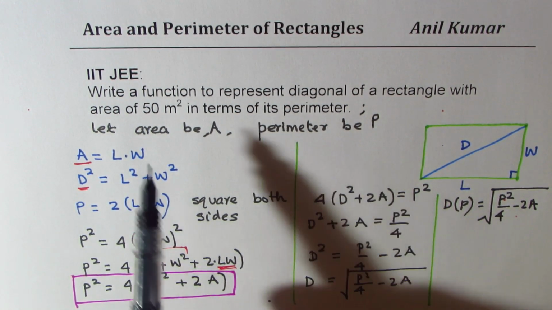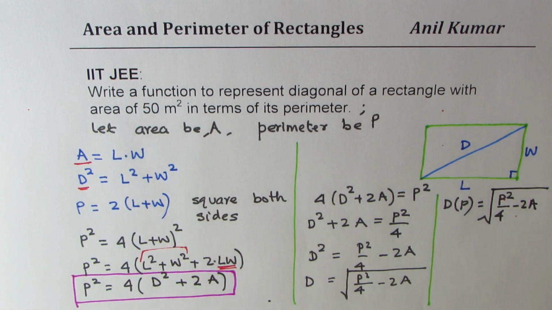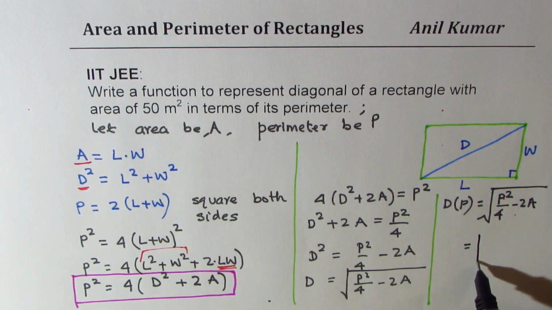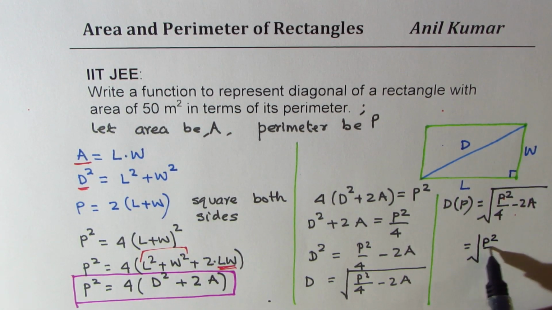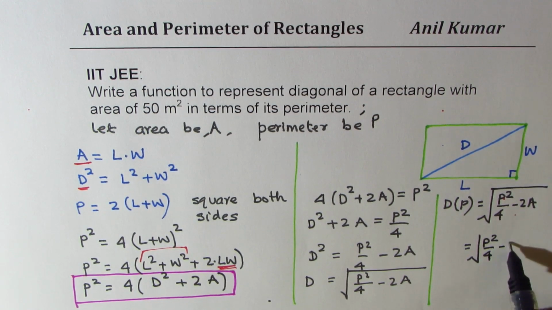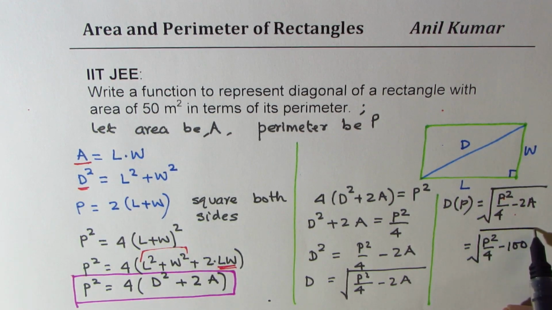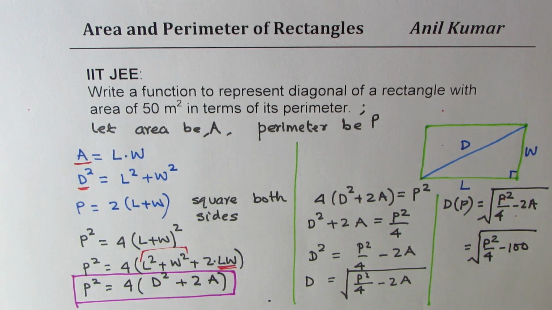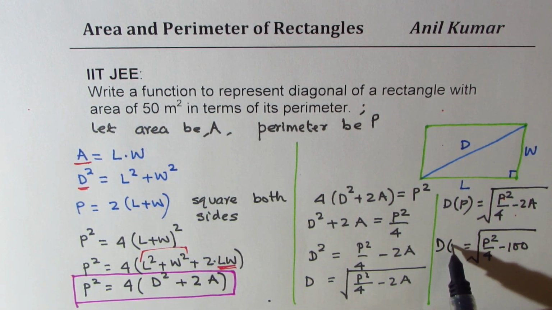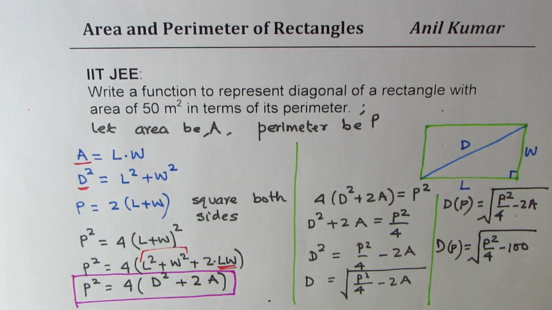Now in our case, we know area is 50. If I substitute 50 here, I get perimeter square over 4 minus 2 times 50, which is 100. Do you see this? So straight away, we get the diagonal in terms of perimeter. So that's a very, very important formula.